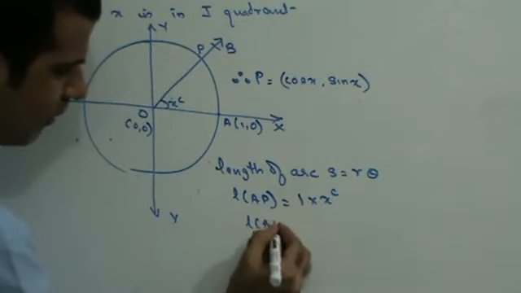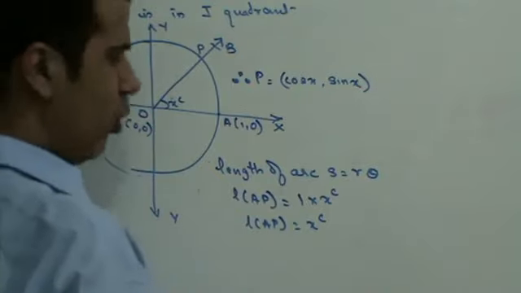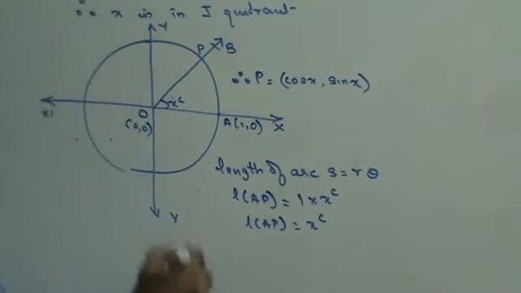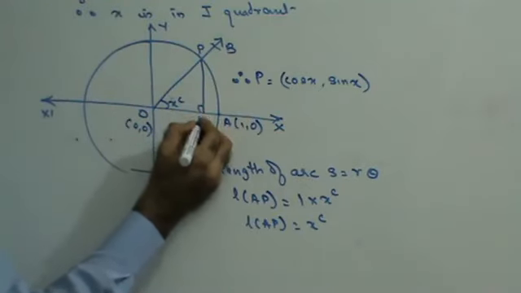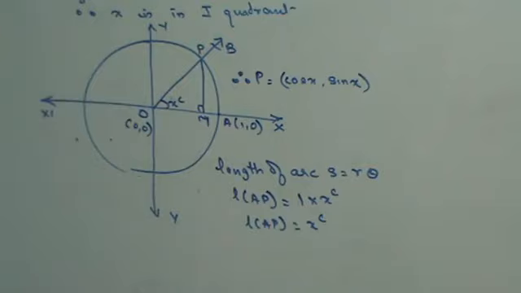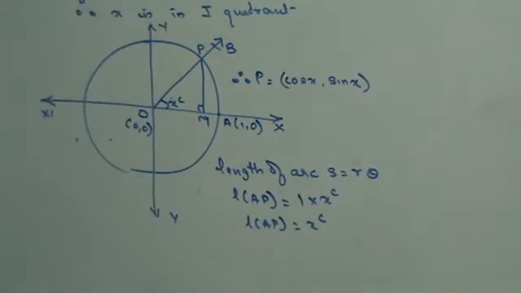So length AP is going to be x radians. Now draw a perpendicular from P on x axis. Let it be PM. So PM is perpendicular to x axis.